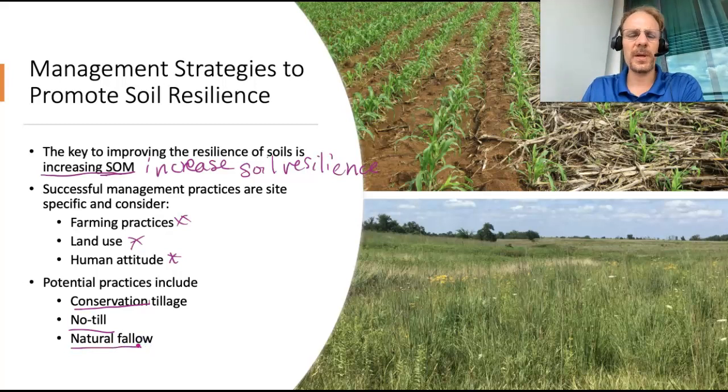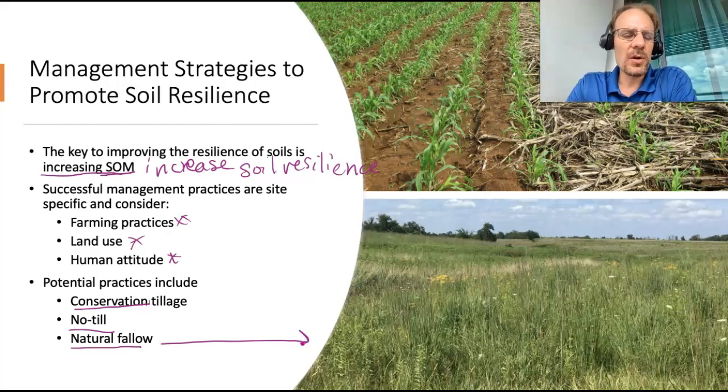Natural fallow is an example here, where we allow the soil to go back into a more natural state, allowing native vegetation, grasses, shrubs, and trees to grow on the land for a period of time, and allowing the soil to recover. This will increase the soil resilience.